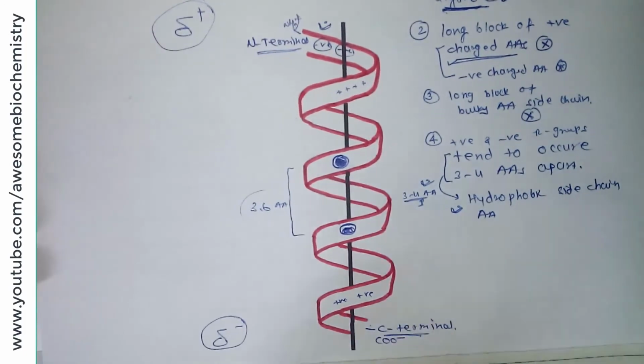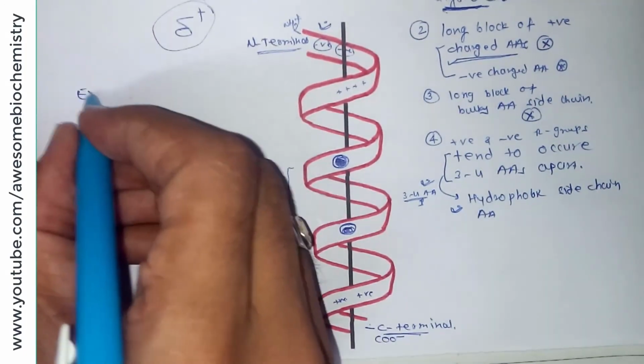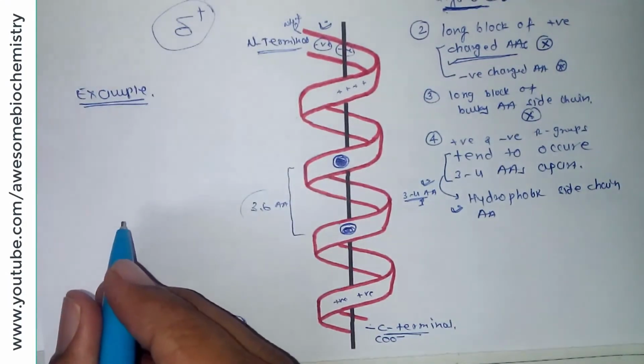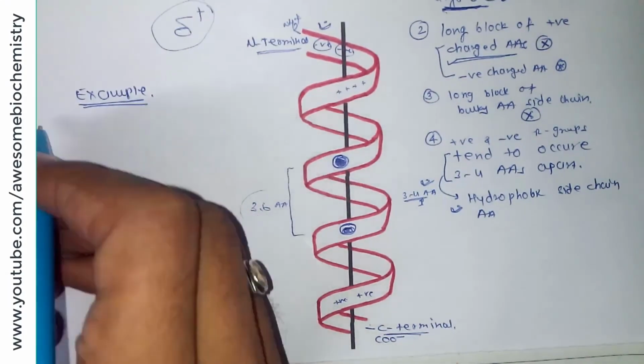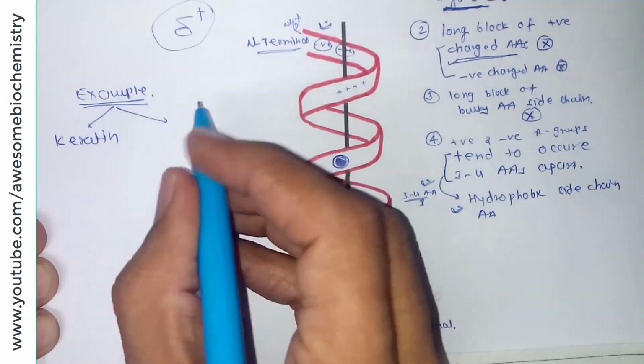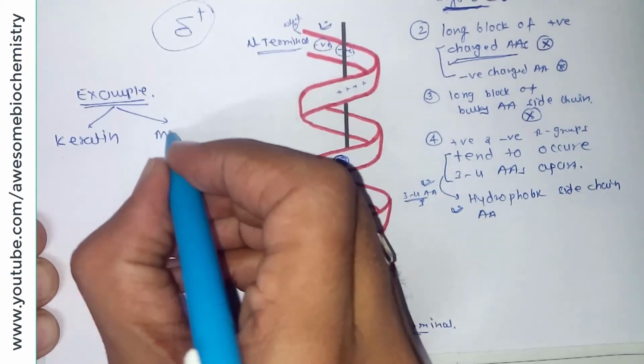Now, what are the examples of this alpha helix? Which proteins contain more alpha helical structure? So, we have two examples. One is keratin and the second one is myoglobin.